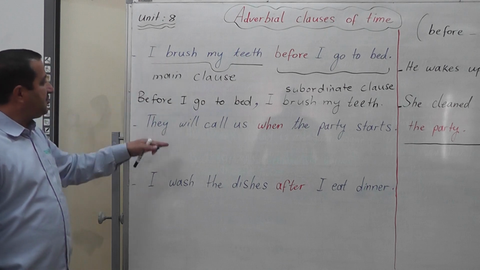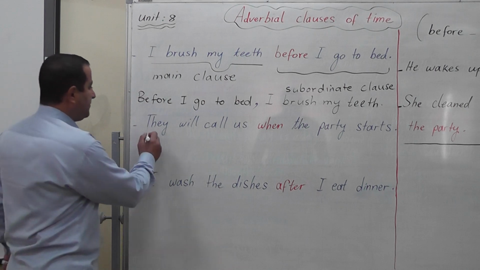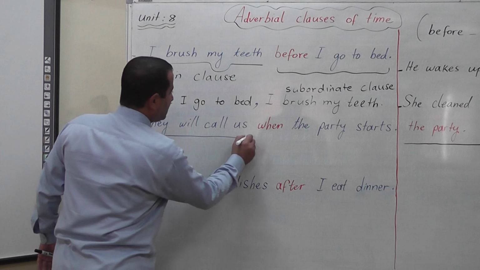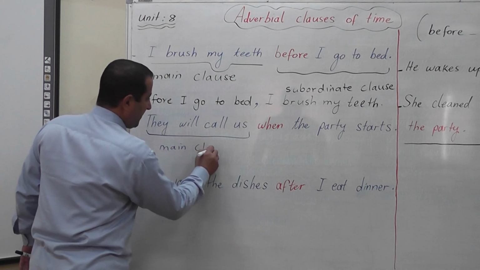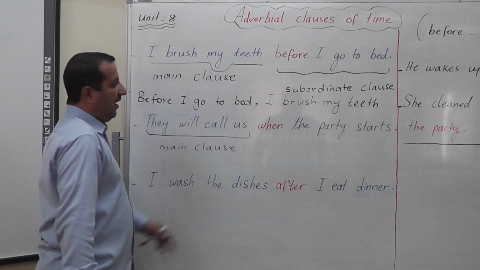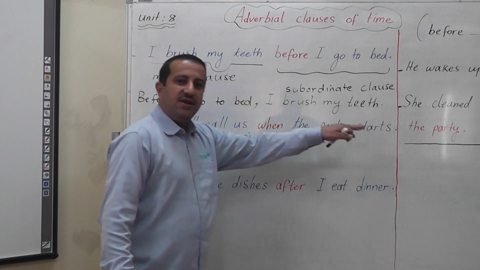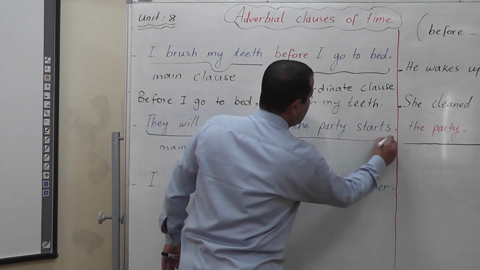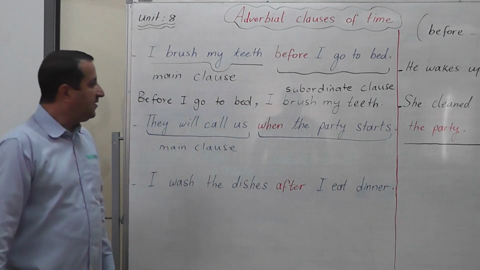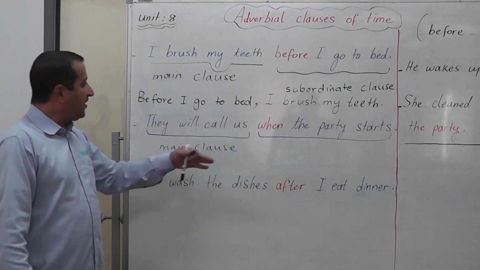Here we have the same situation. We start with the main clause. They will call us. This is the main clause. And when the party starts, here we have a subordinate clause. So in this case, we can do the same as here.